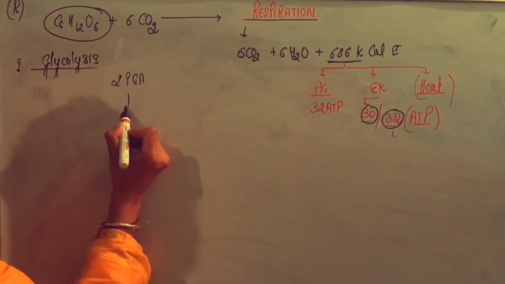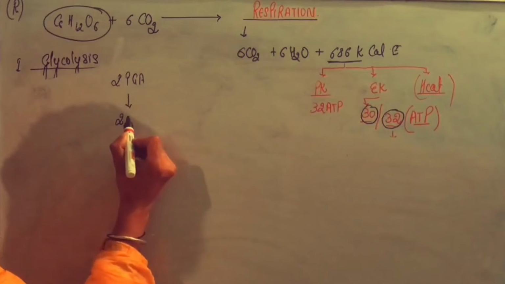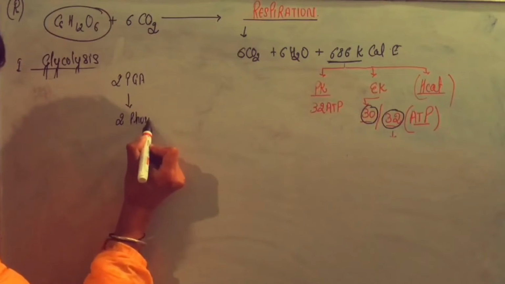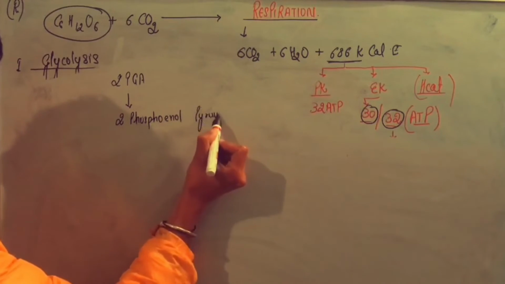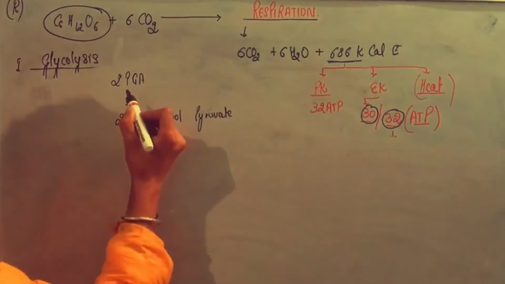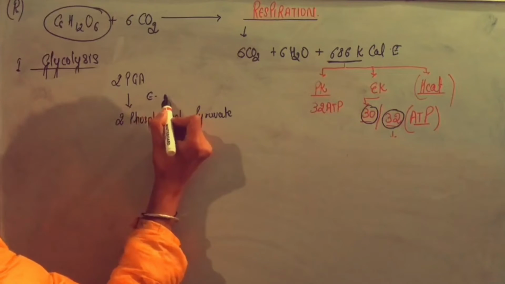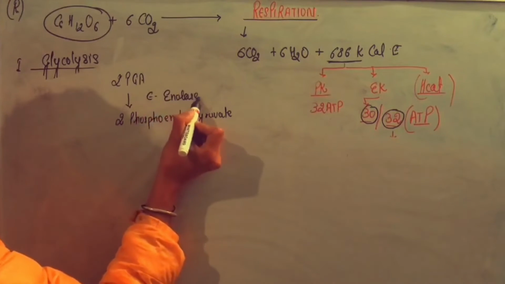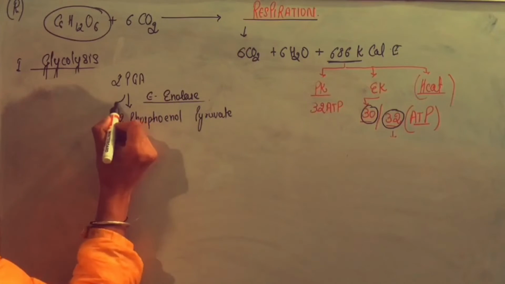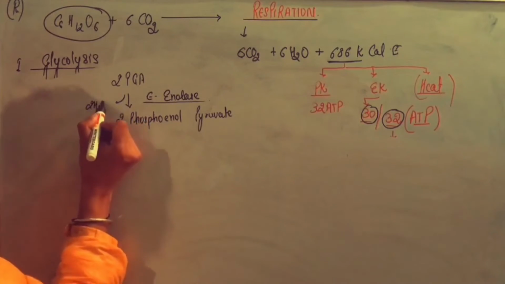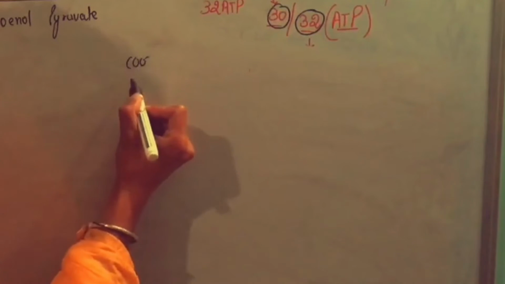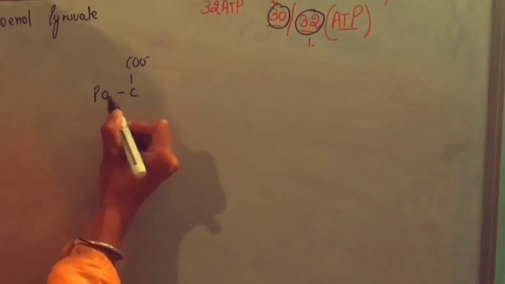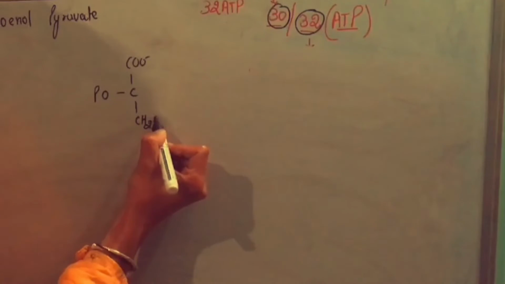2-phosphoglyceric acid then forms 2-phosphoenol pyruvate in the presence of an enzyme called enolase. During this process, a molecule of water is removed. COO negative, COP and CH2OH.